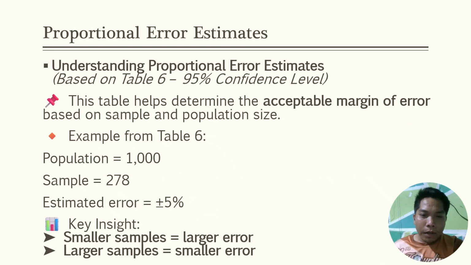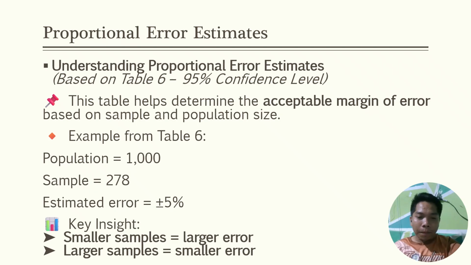So, for proportional error estimates, understanding the proportional error estimate is important for you to have a more acceptable margin of error based on the sample and population sizes. The lesser the margin of error, the more confident you will be in your results. For example, in Table 6, when you have a total population of 1,000, you need a sample of 278 with an estimated error of plus or minus 5%.